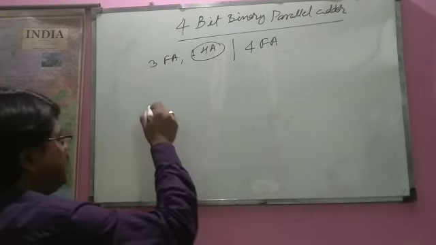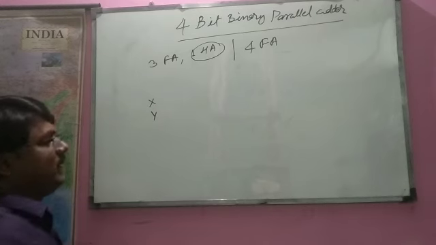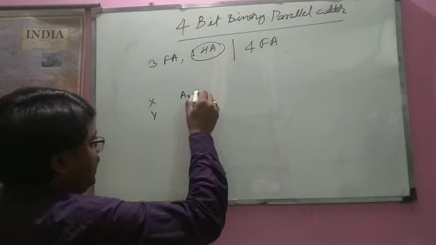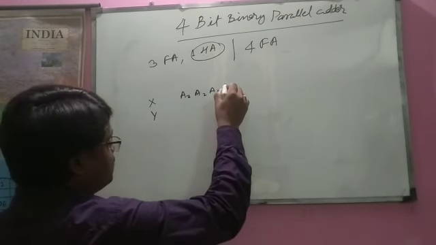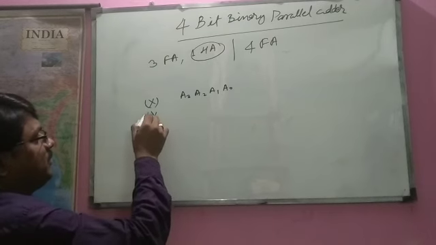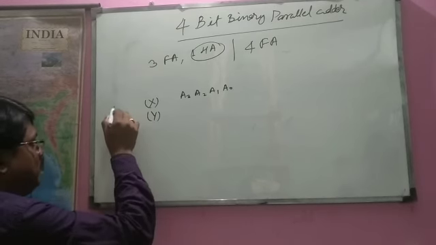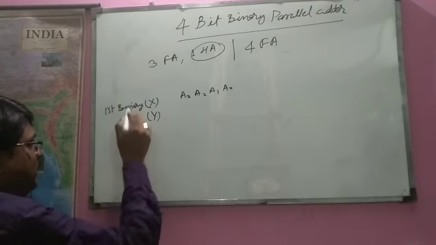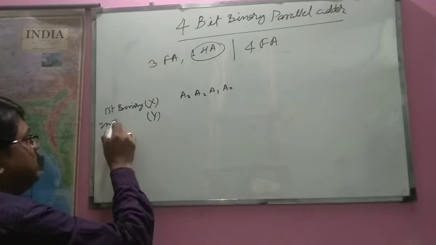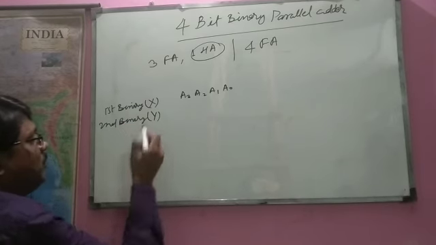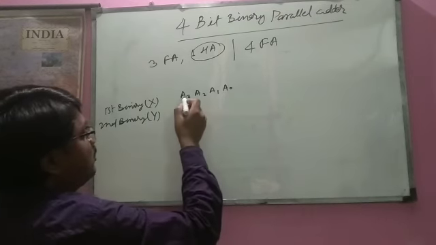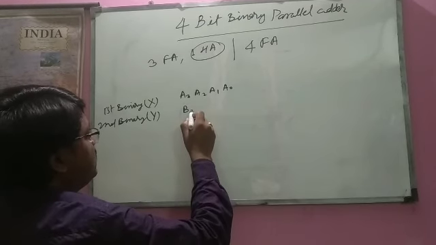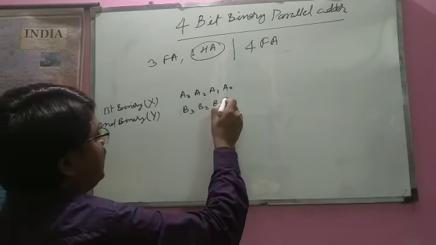Let us suppose there are two numbers x and y. The first binary number is A3, A2, A1, A0, and the second binary number y is B3, B2, B1 and B0.